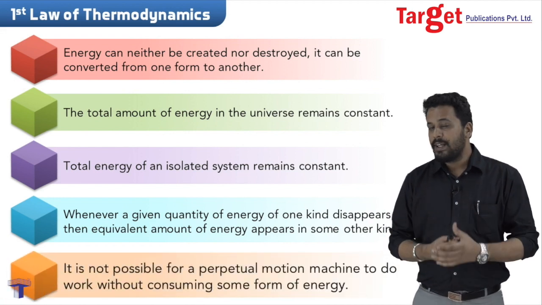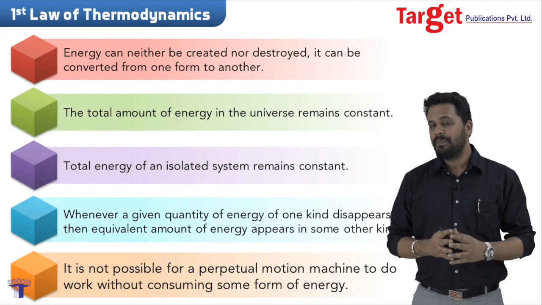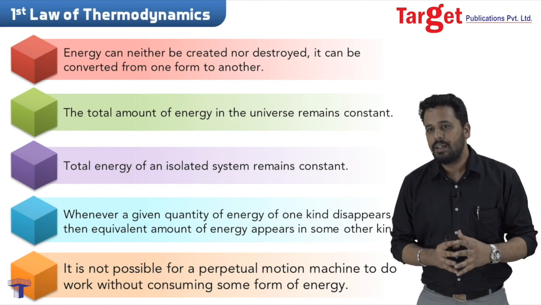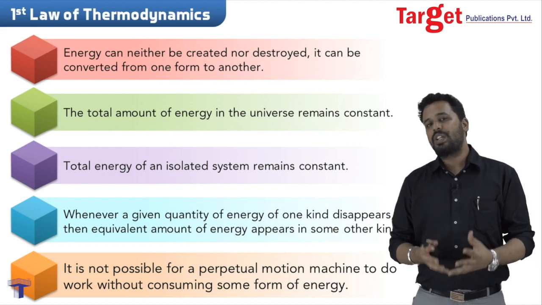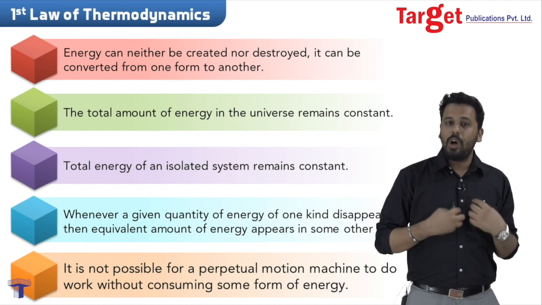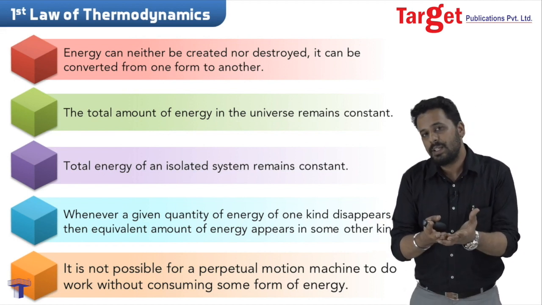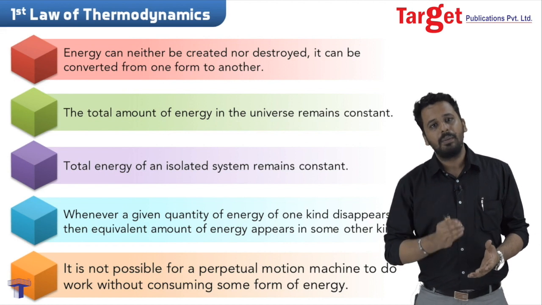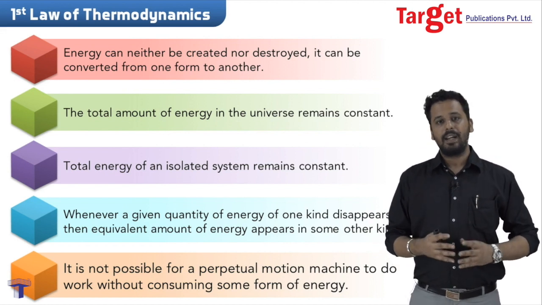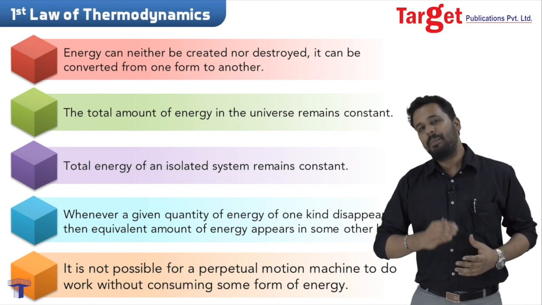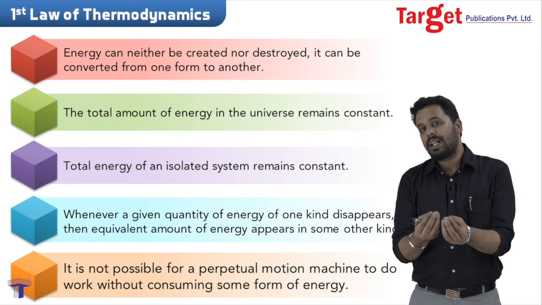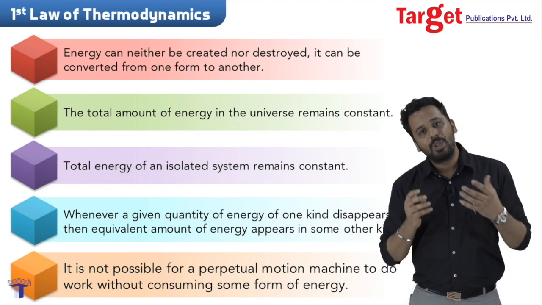We can also say that it is not possible for a perpetual motion machine to do work without consuming some form of energy. That means if you do not give energy to a machine, it cannot run perpetually, meaning continuously, meaning forever. यानी कि ऐसी कोई मशीन नहीं हो सकती जो हमेशा के लिए चलती रहे without giving energy, because it cannot create energy to run, you will have to give energy.